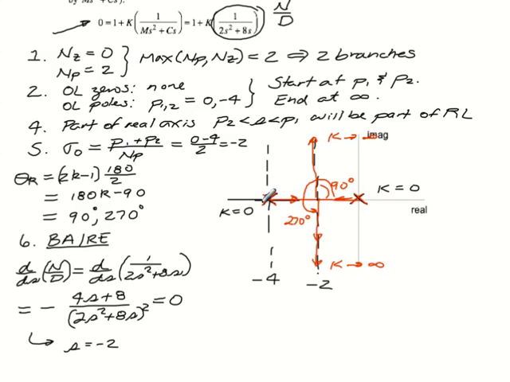We find where our asymptote intersects the real axis. We find the angles at which it does. We find the breakaway points, and since the breakaway points lie on the asymptote, that tells us that the root locus goes along that straight line at 90 degrees. So this is a fairly straightforward application of our rules.